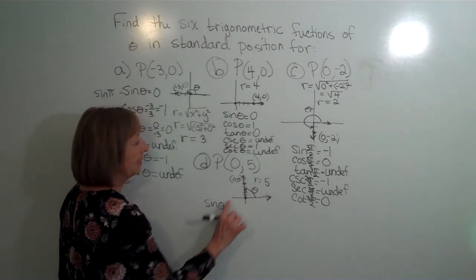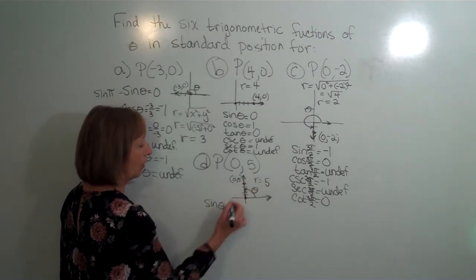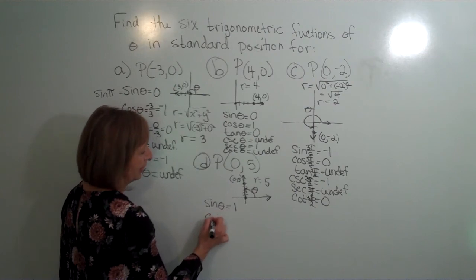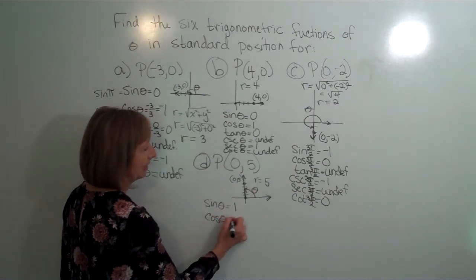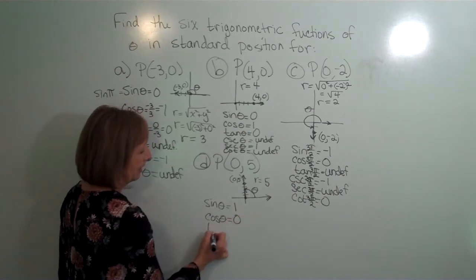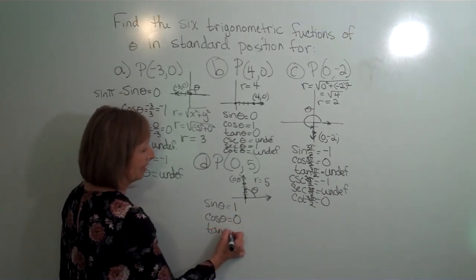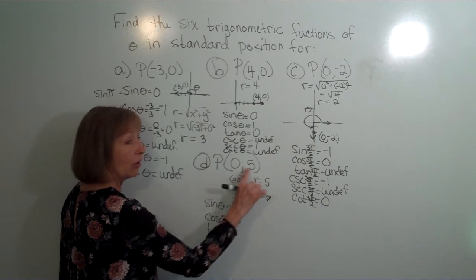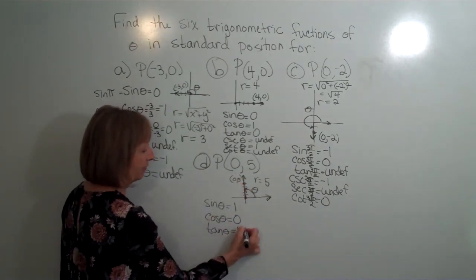So the sine of theta is y over r, which is 1. The cosine of theta is x over r, which is 0. The tangent of theta is y over x, which is undefined.